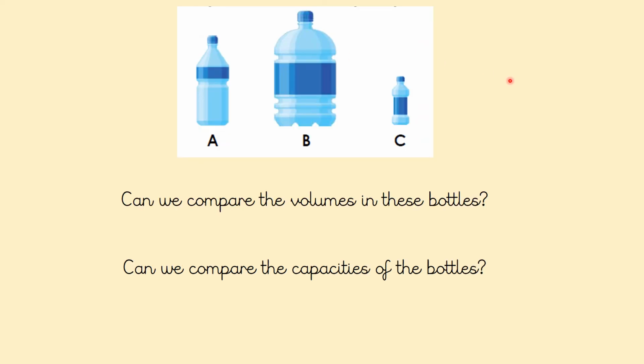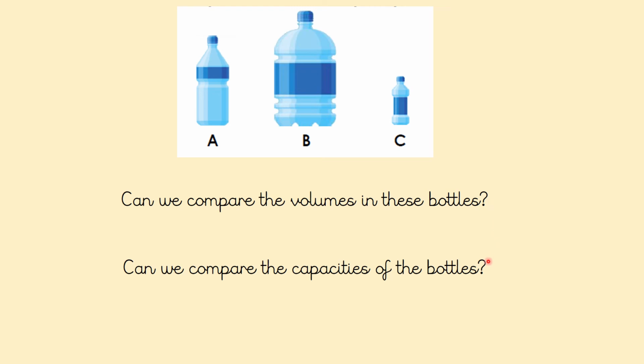Have a look at this picture here, this diagram. We've got three different bottles, A, B, and C. Now, I want you and your partner to have a chat about these two different questions. First of all, can we compare the volumes in these bottles?